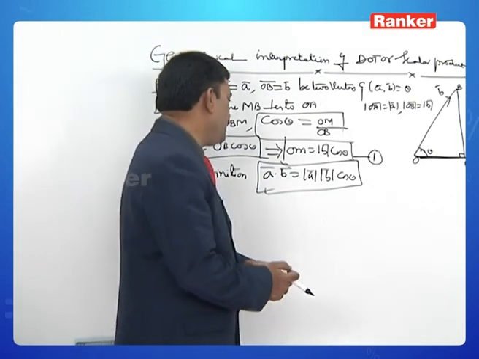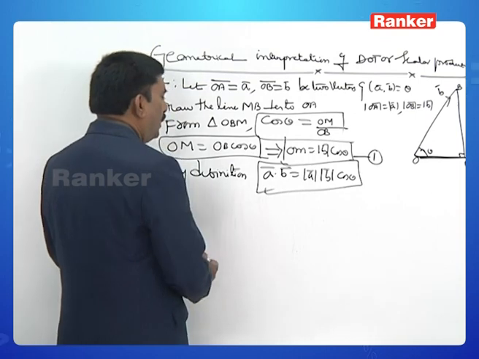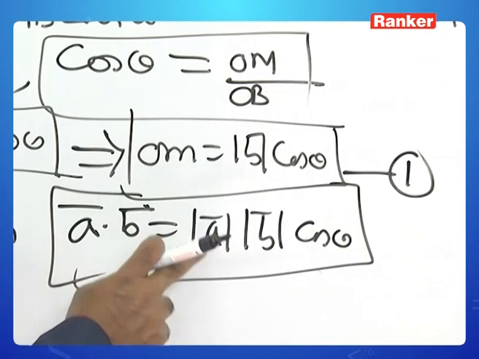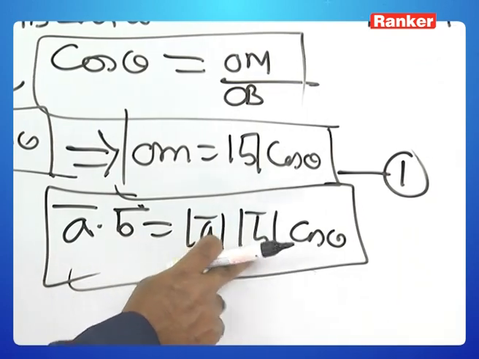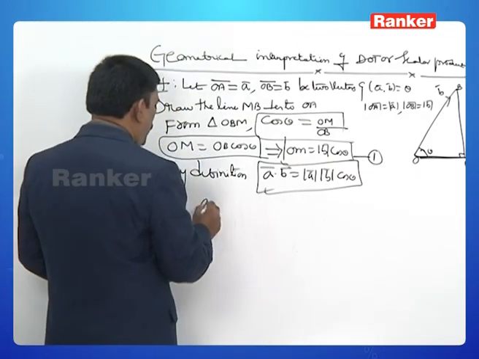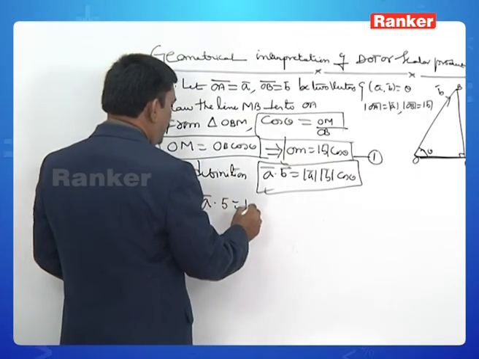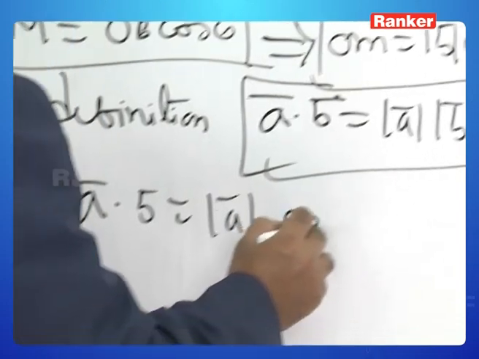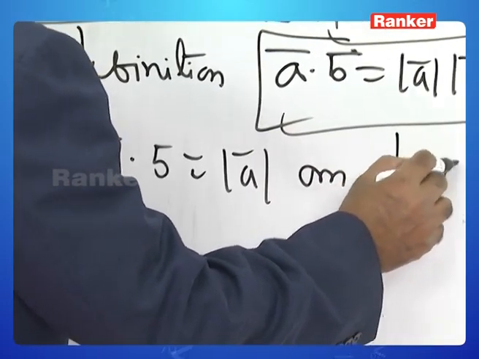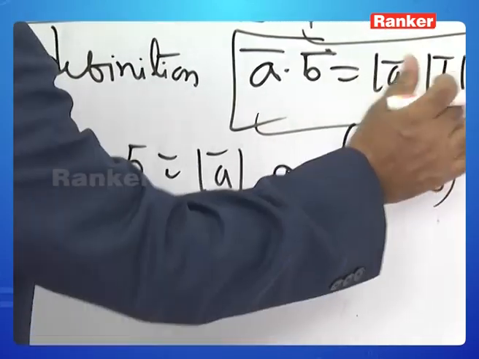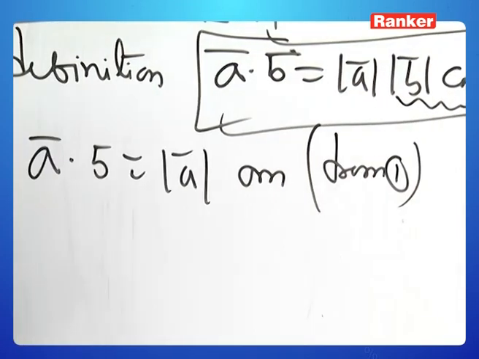But here I can write what is common. A bar dot B bar is mod A into OM from 1. Here I want to substitute.